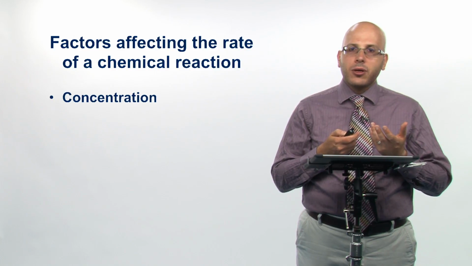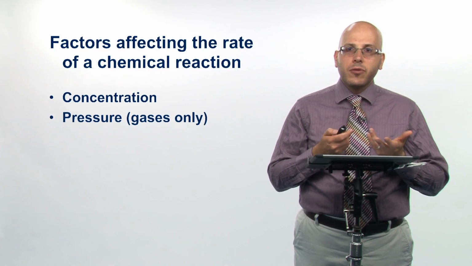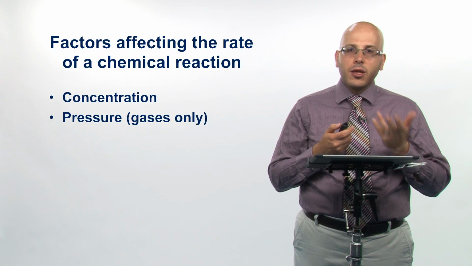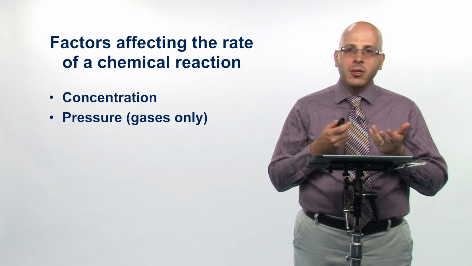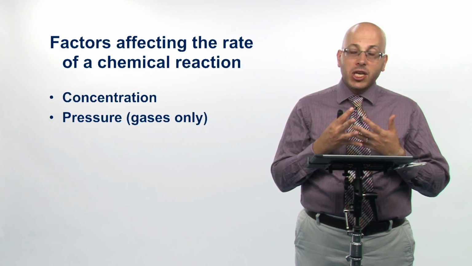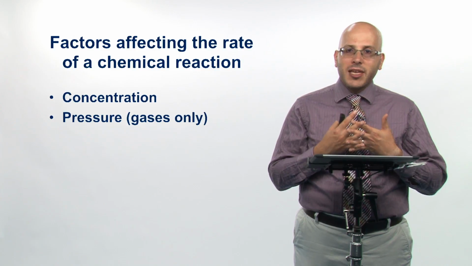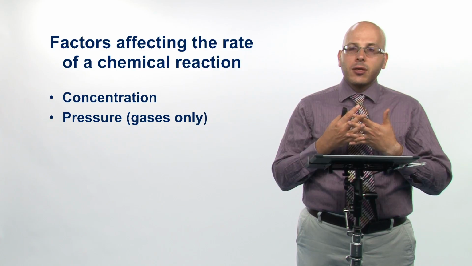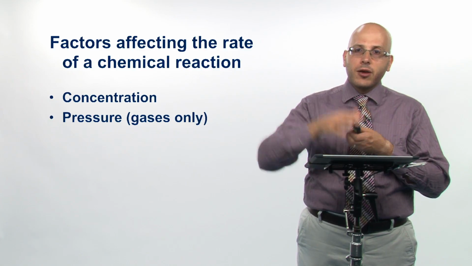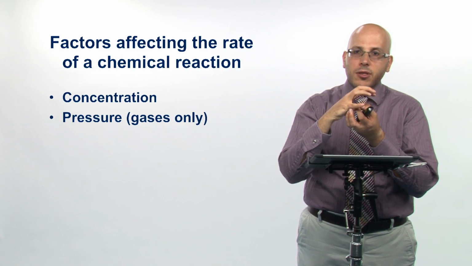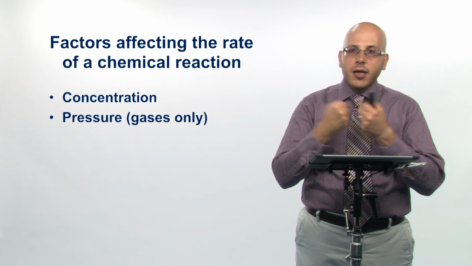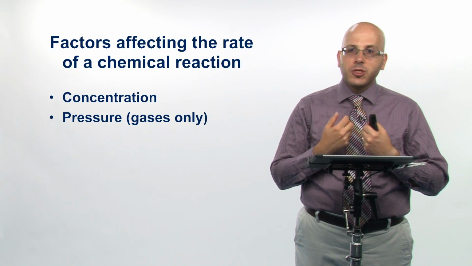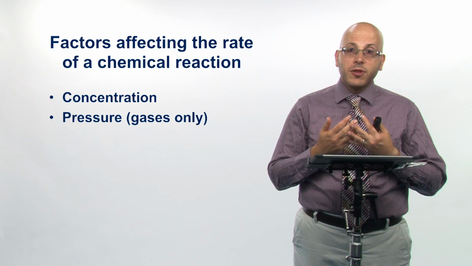Another thing that might matter is pressure, although this really only affects gases. Liquids and solids are pretty incompressible, so their properties are not really changing too much when the pressure changes, but gases are pretty highly compressible. So when I change the pressure, I can also change things like volume. If I increase the pressure and squish everything together, volume is getting smaller. Now they're also more likely to collide because there's a much smaller volume in space for them to get together.